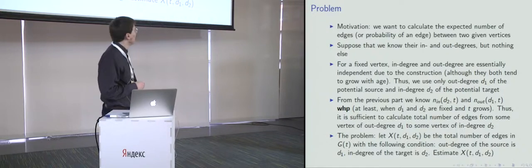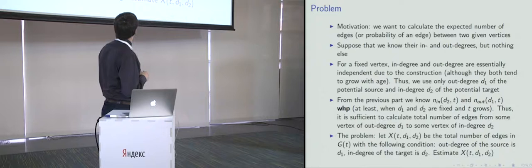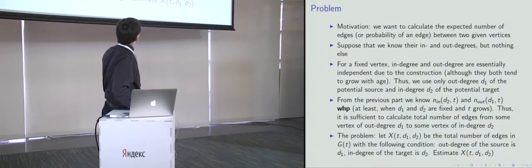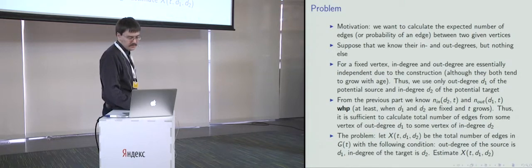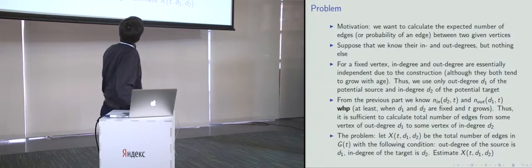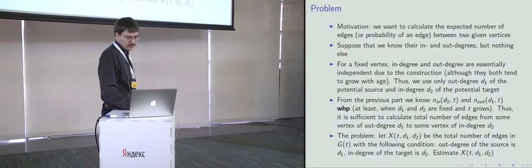We also know from the previous problem the expected, and even with high probability, total number of vertices with in-degree D2 and out-degree D1. So we can try to estimate the motivated quantity with the sum over all vertices of in-degree D2 and out-degree D1.